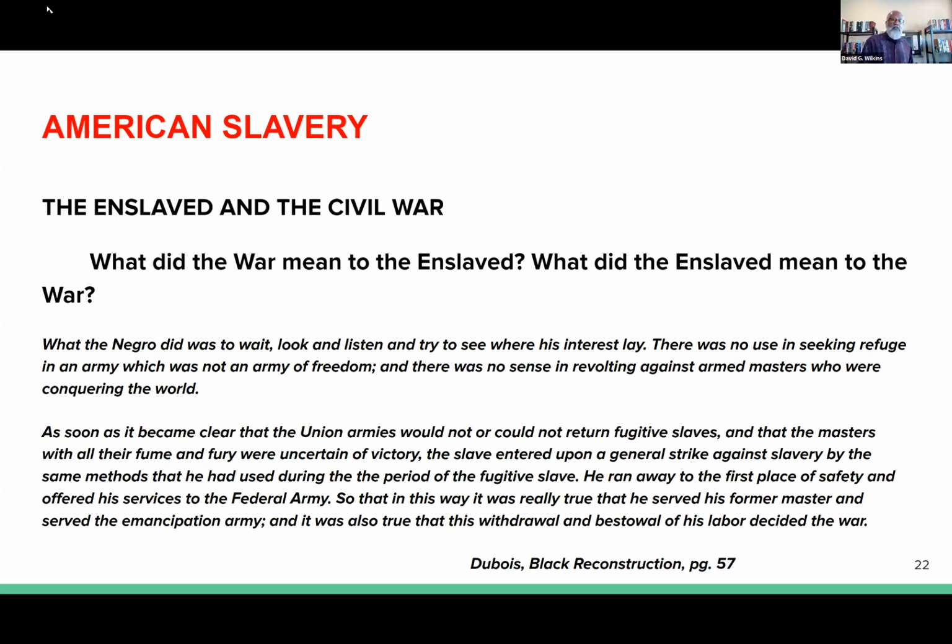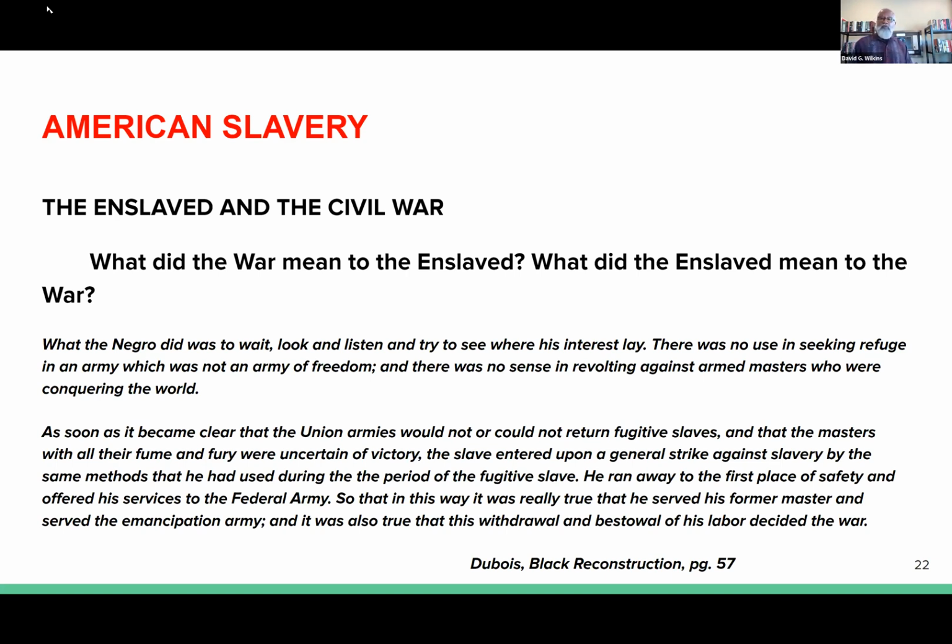He goes on to say, "As soon as it became clear that the Union armies would not or could not return fugitive slaves, and that the masters, with all their fume and fury, were uncertain of victory, the slave entered upon a general strike." This is his term. Again, Marxist economic perspective of Du Bois, calling this a general strike against slavery, by the same methods that he had used during the period of the fugitive slave.